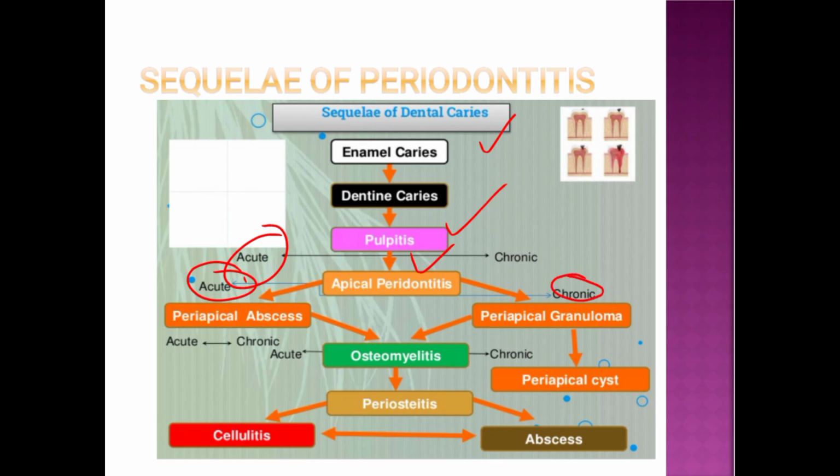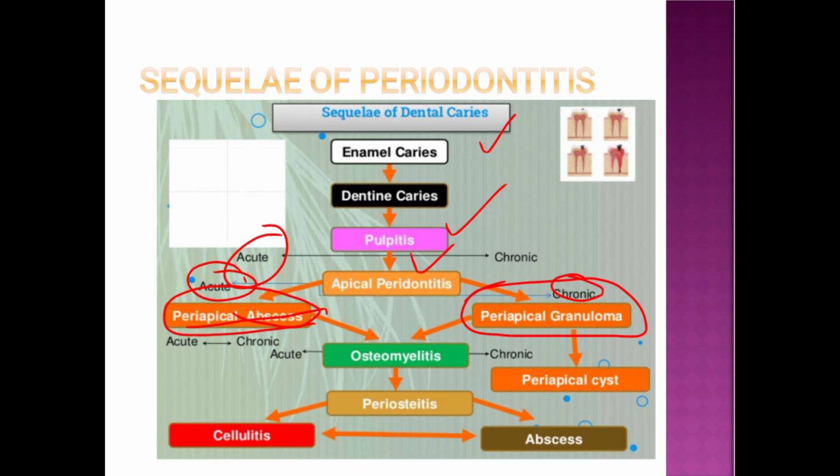If the periapical periodontitis was acute, it will lead to periapical abscess. But if the periapical periodontitis was chronic, it will lead to periapical granuloma. We have studied it.